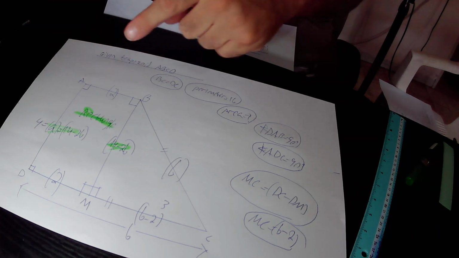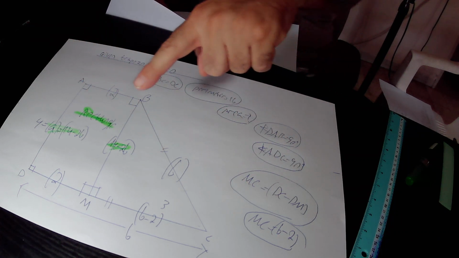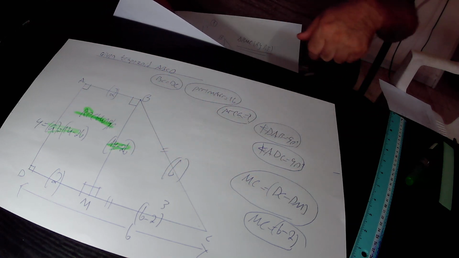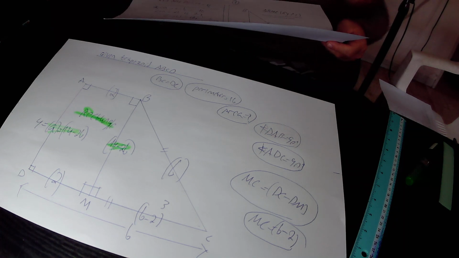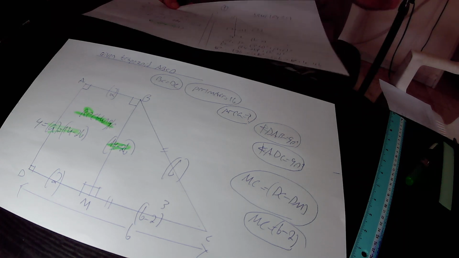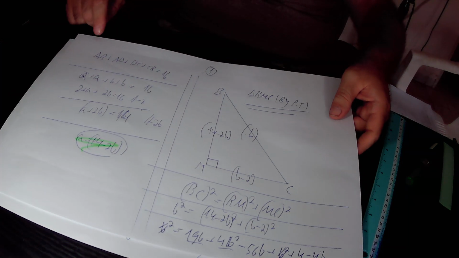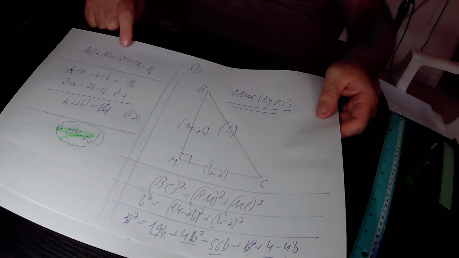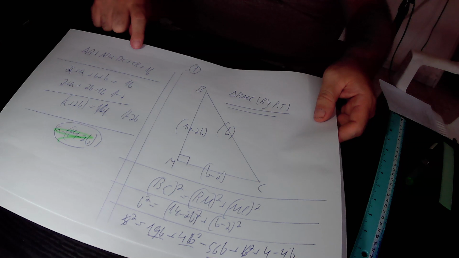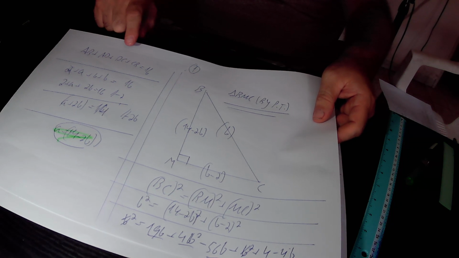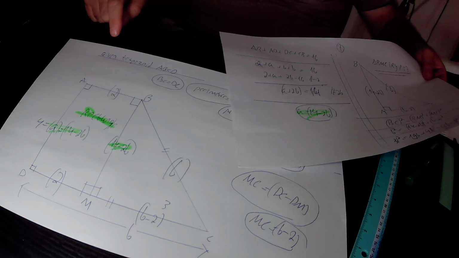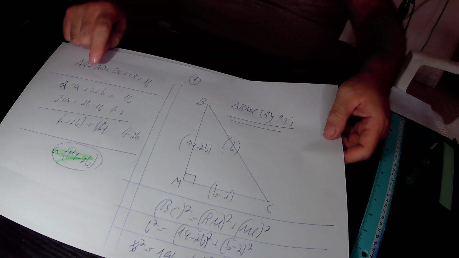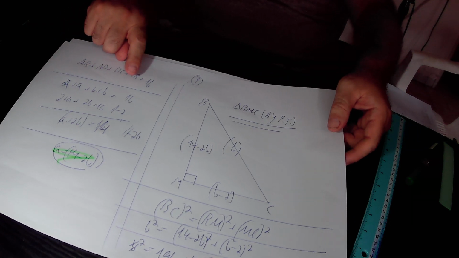After we define AD as A, we define DC as B, and because DC equals CB and DC is B, CB must also be equal to B. So in total, the perimeter of trapezoid ABCD is 2 plus A plus B plus B, that is 16 according to what is given in the question.